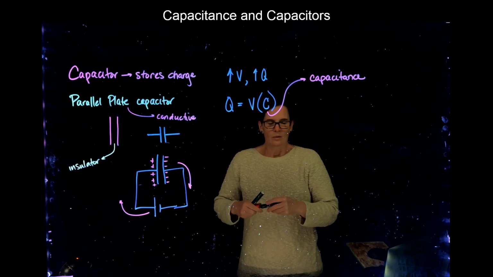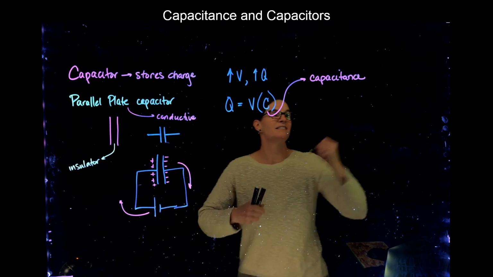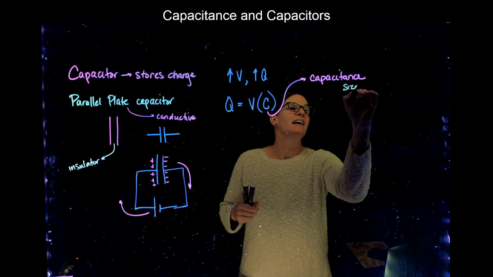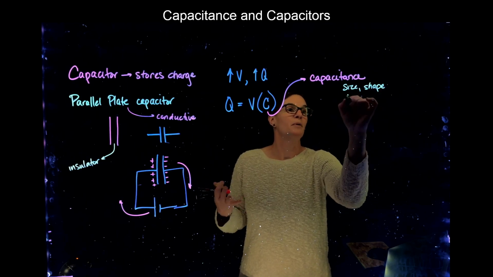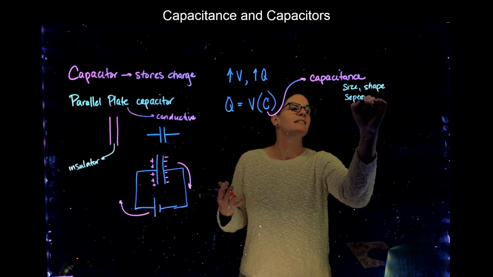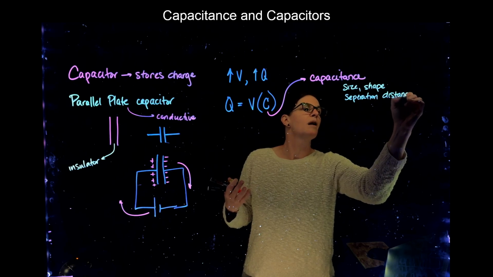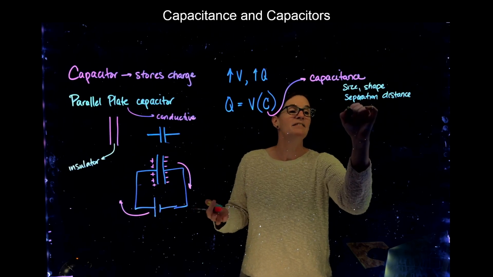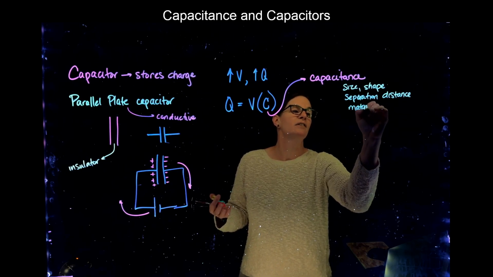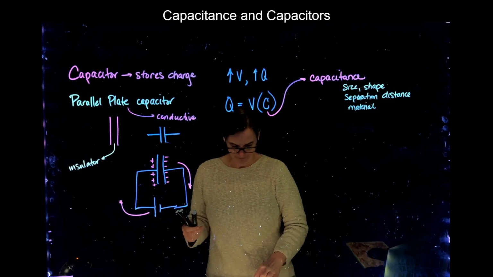So what might it depend on? Well, it depends on things like size and shape, it depends on the separation distance. And it can even depend on the material itself.